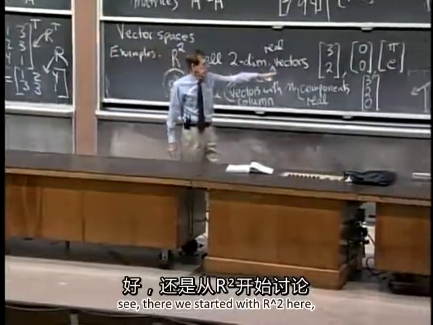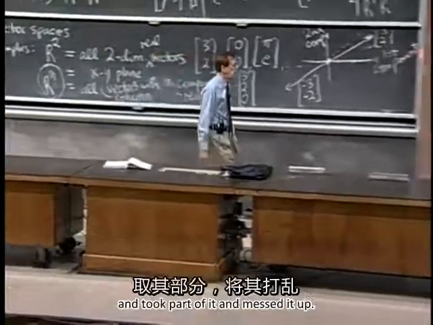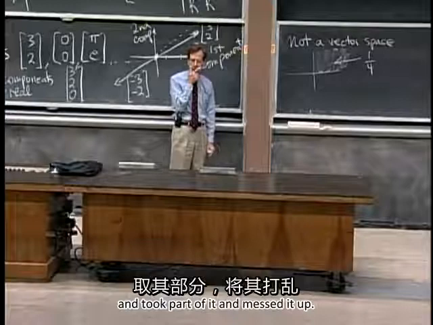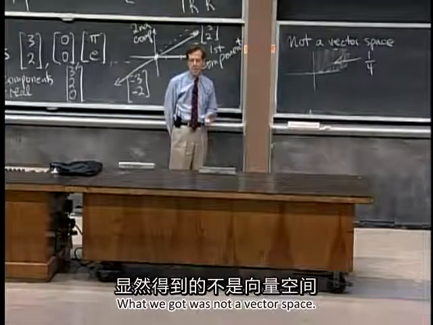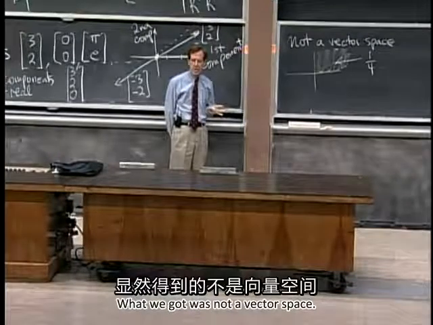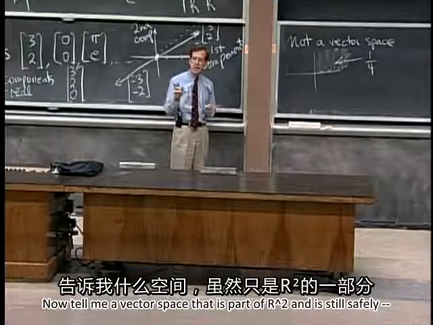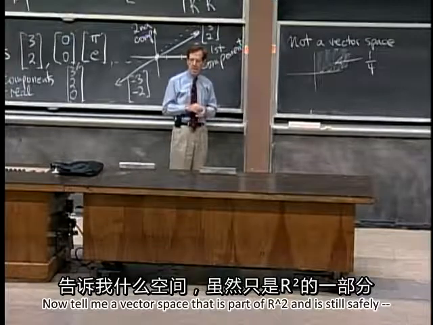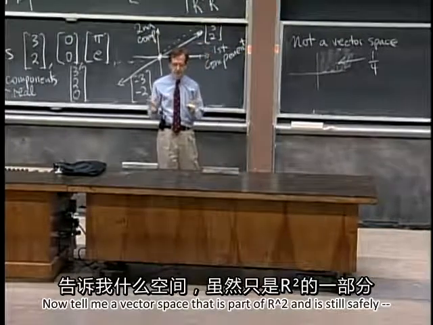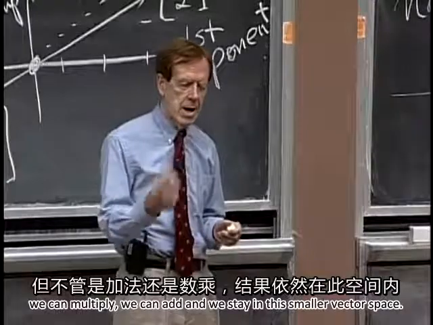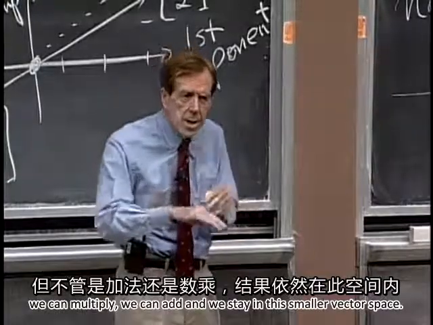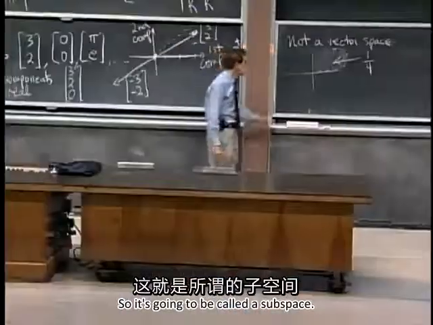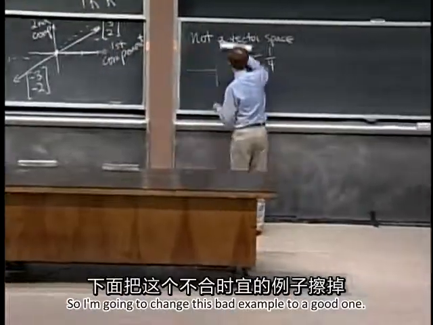See, there we started with R2 and took part of it and messed it up. What we got was not a vector space. Now tell me a vector space that is part of R2 and is still safe: we can multiply, we can add, and we stay in this smaller vector space. So it's going to be called a subspace. So I'm going to change this bad example to a good one.